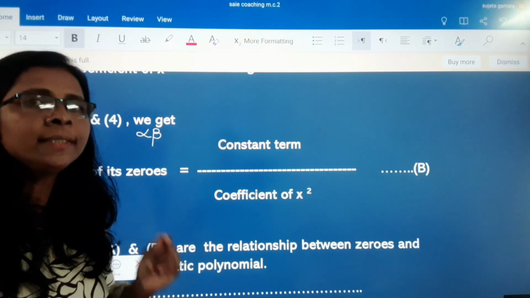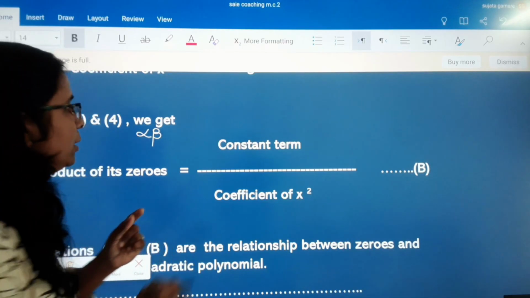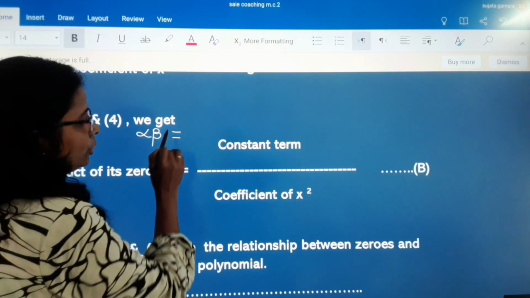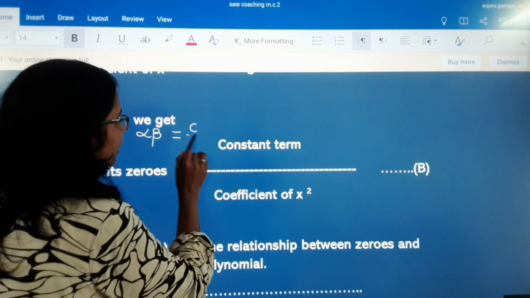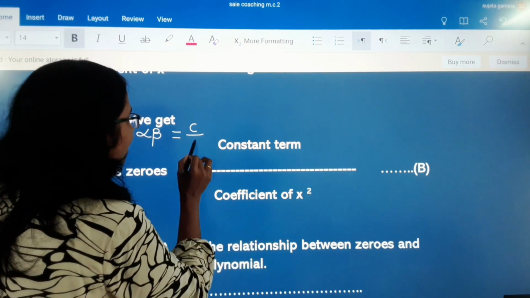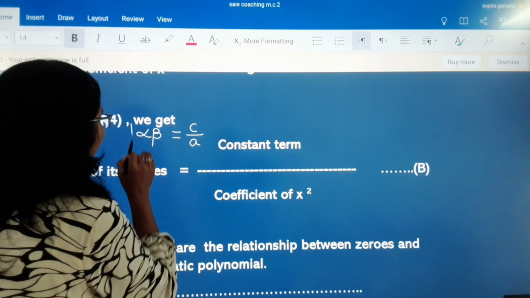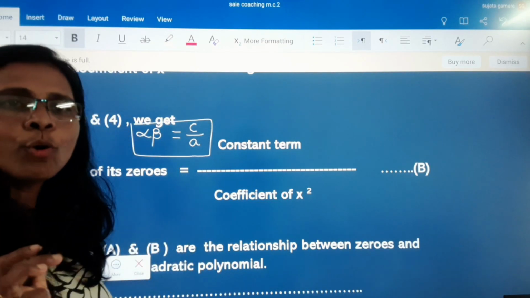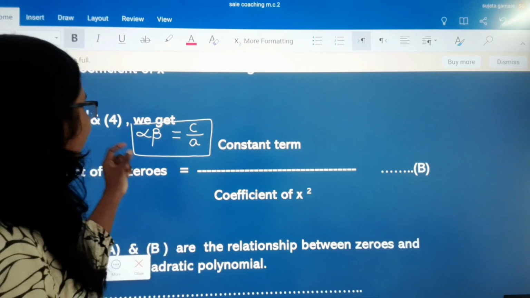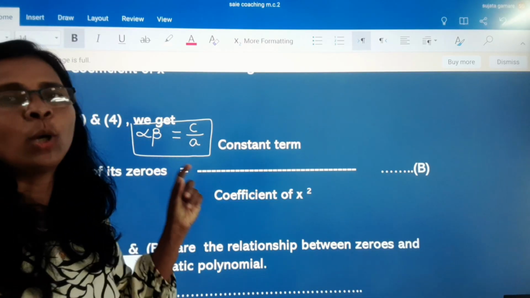So their product is alpha beta, which is equal to constant term c upon the coefficient of x square, a. So we get the formula alpha beta is equal to c upon a.